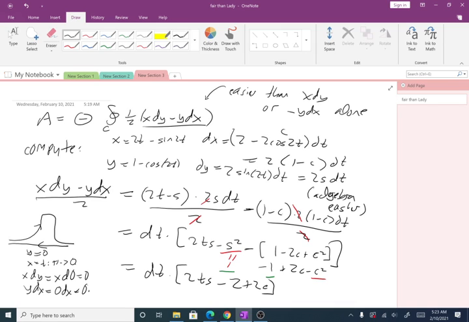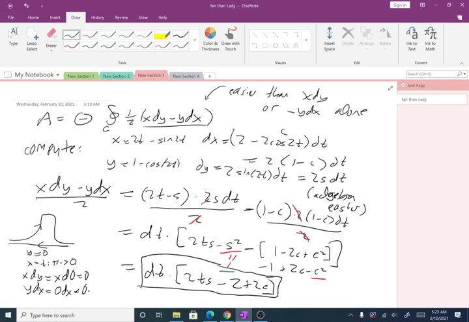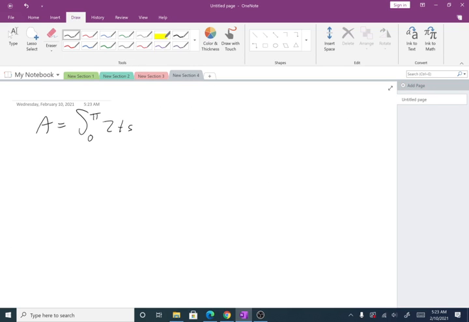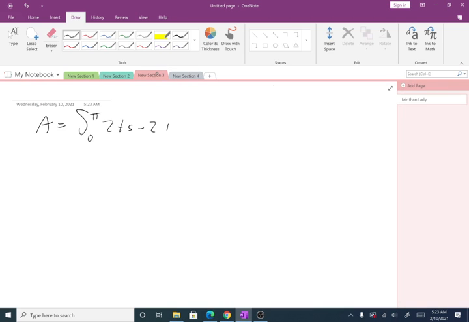So with that out of the way, let us integrate this last differential that we've computed. The area is now the integral from 0 to pi of 2ts minus 2 plus 2c dt.